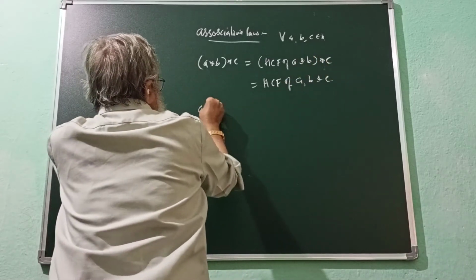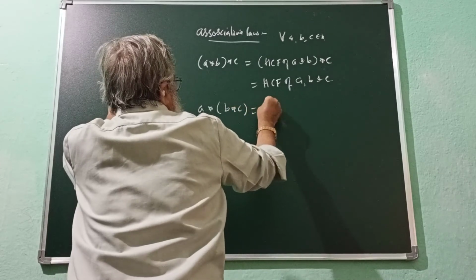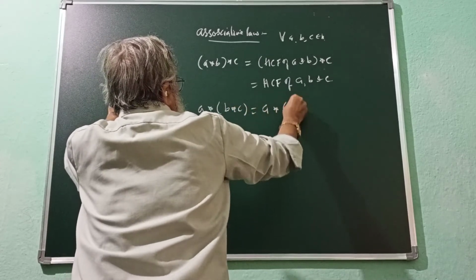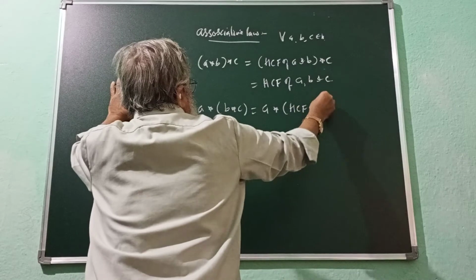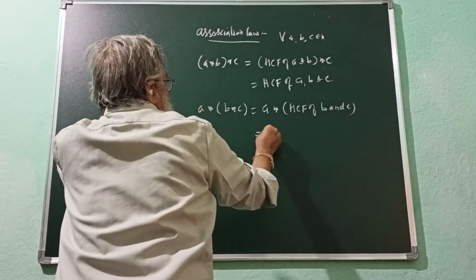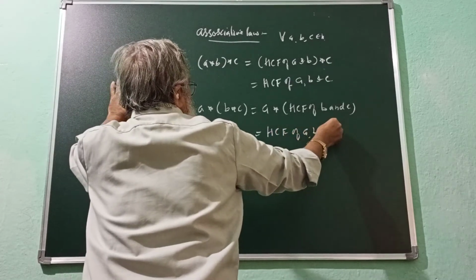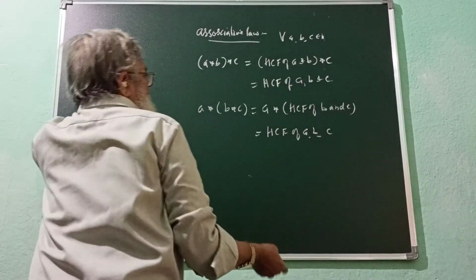Now if you take the right hand side, A star B star C, that is A star HCF of B and C. Again it is HCF of A, B and C. You see both are the same number.